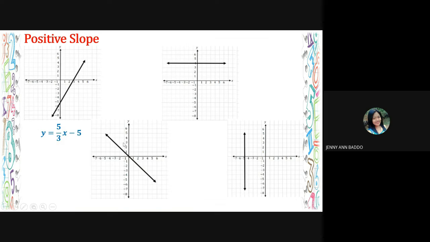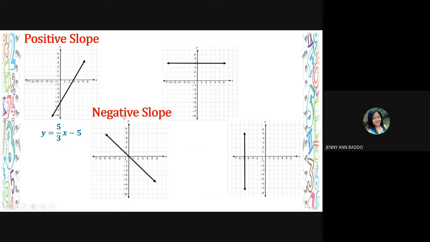Now, the second graph here has a negative slope because the graph of the line rises at the left side of the Cartesian plane. Now if we're going to give the linear equation for this line, first we have to determine the slope. Rise is 1, run is 1. So it's 1 over 1 or simply 1.